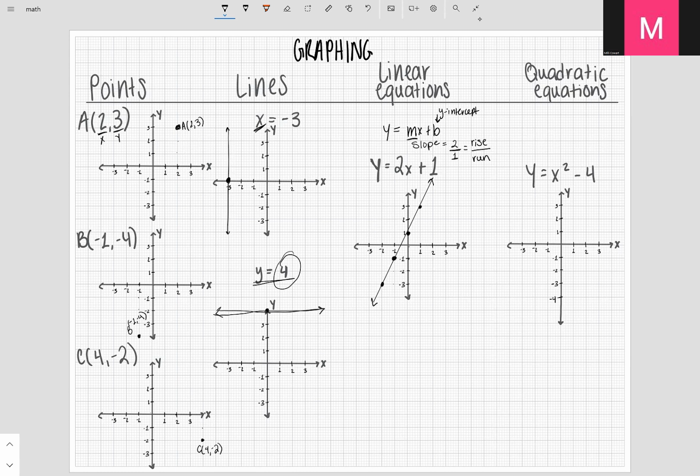And last, when we're plotting quadratic equations, you could always do this just by filling in numbers for x. But again, we will use this as our y-intercept. So we'll go down here. And then x squared minus 4 is going to equal x plus 2, x minus 2.